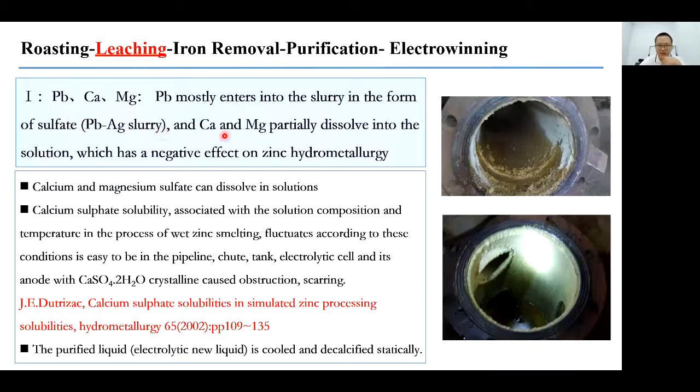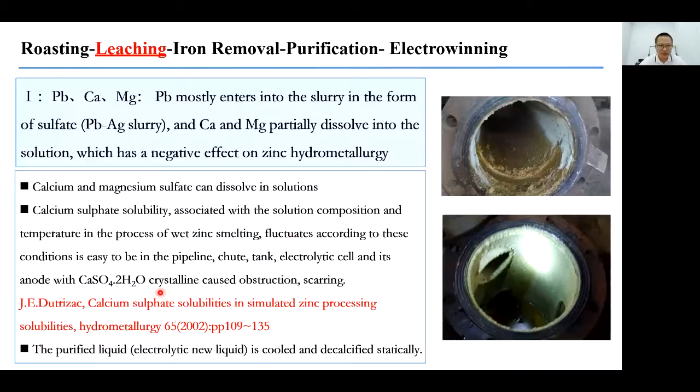Calcium and magnesium partially dissolve into the solution, which is negative. You can see there are pipes in practice, and they will precipitate on the inner surface. This will reduce the available volume of the pipe, and along with time, this will influence the process.